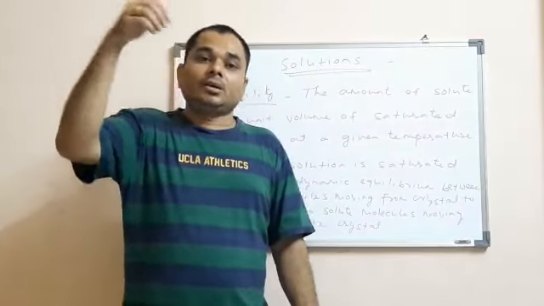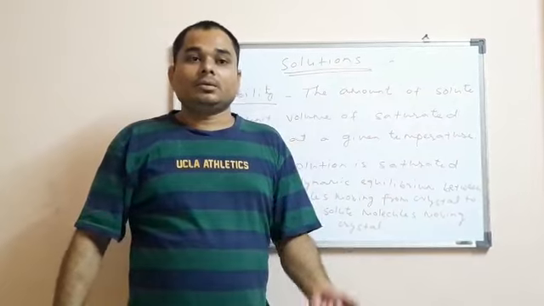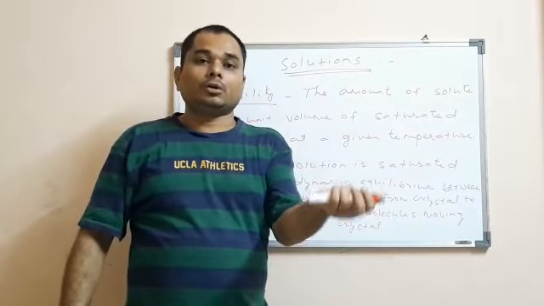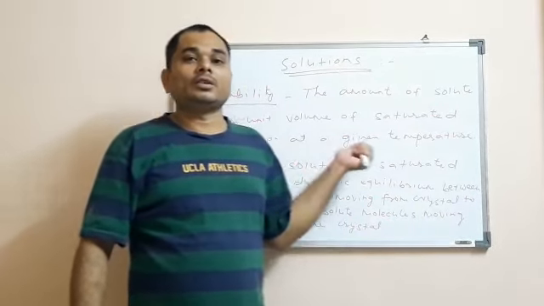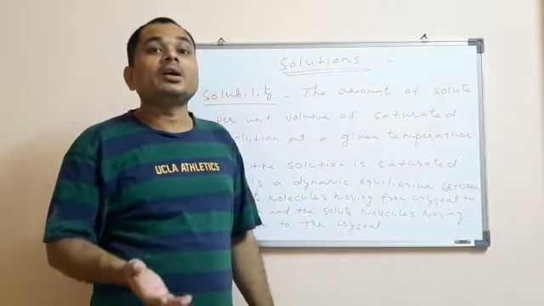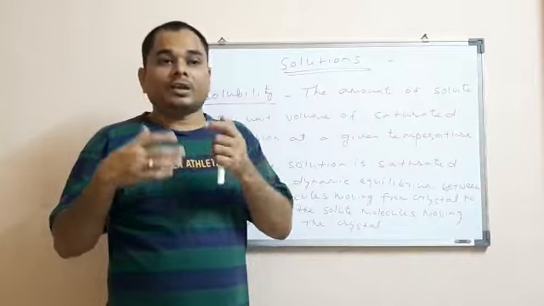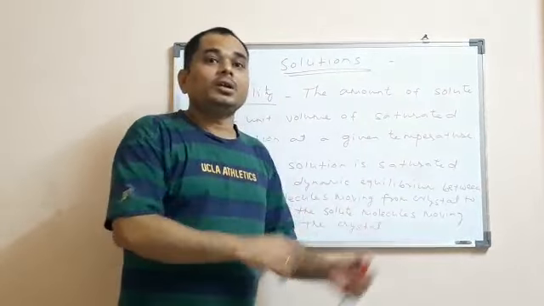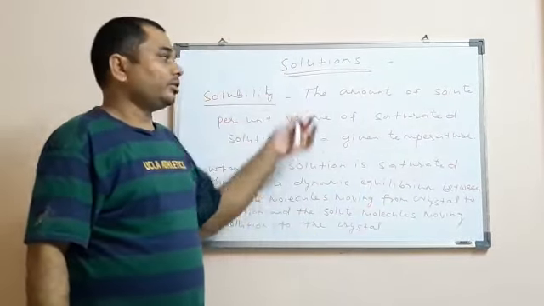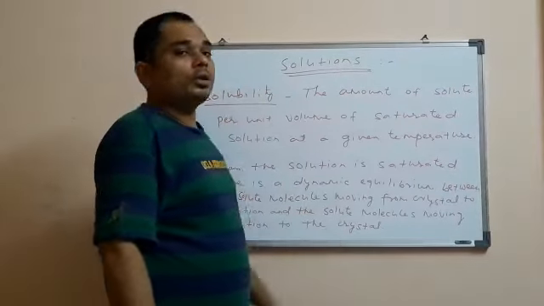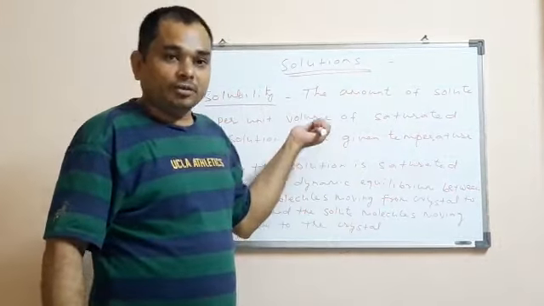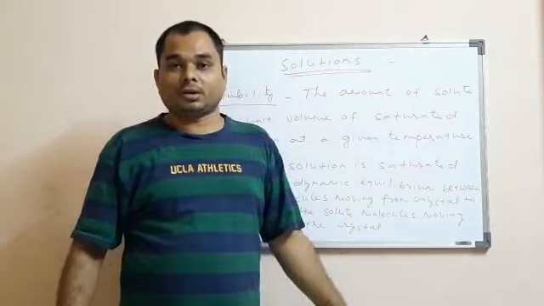If we add a solid crystal to such a supersaturated solution, then there is crystallization of the solute and the solution is converted from supersaturated to saturated. So this is all about the formation of saturated and supersaturated solutions.